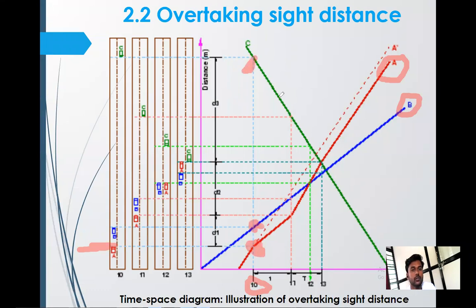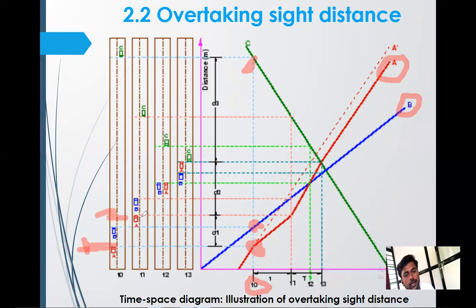Okay. Then it travels some distance and it reaches position 2. See, this is position 1. Position 2 here.